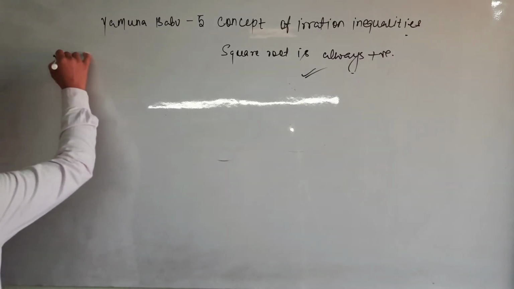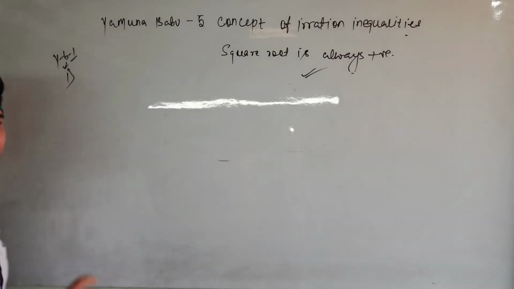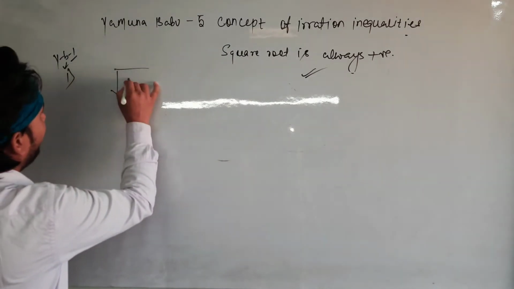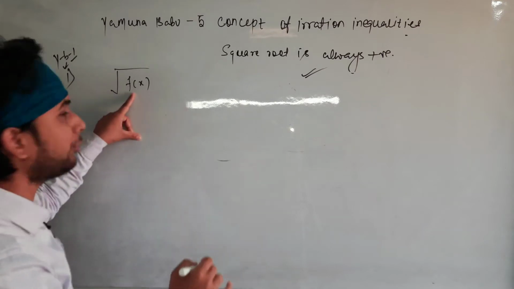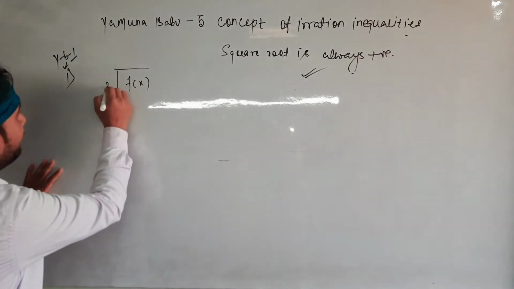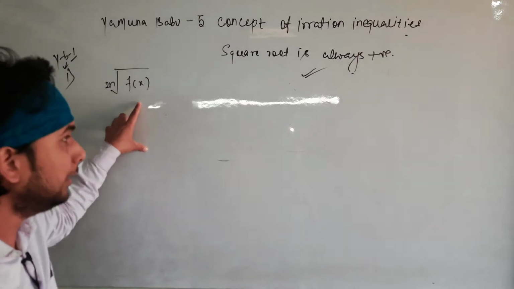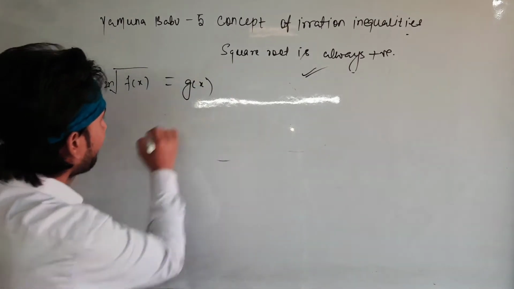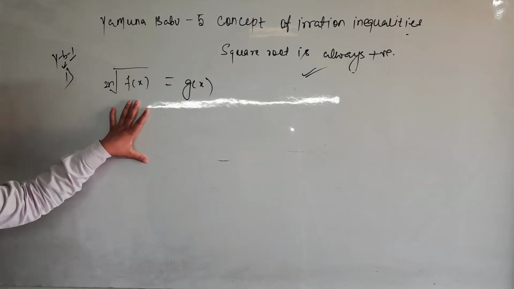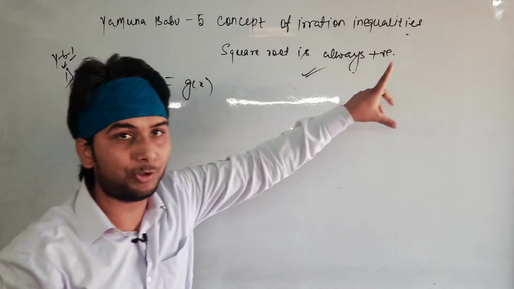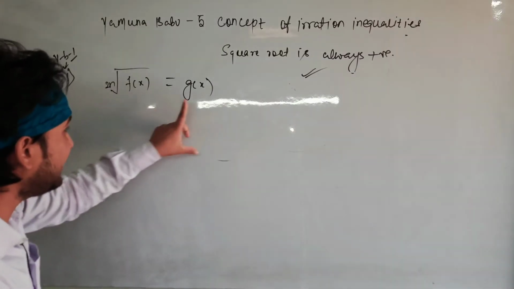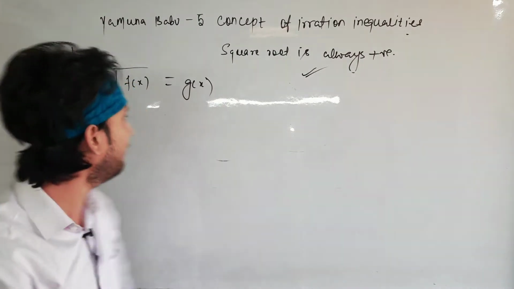Let's see what YB concept number 1 says. Yamuna Babu concept number 1 says that if under root of f(x), or 1 by 2n-th power of f(x), equals g(x), it means that if a square root is positive, then g(x) must be positive.